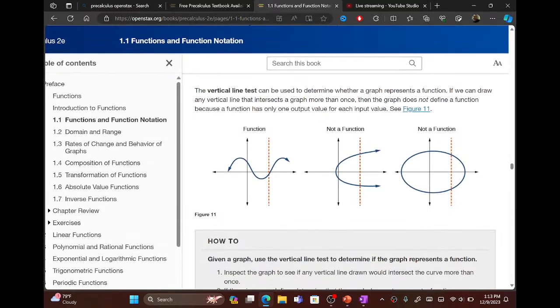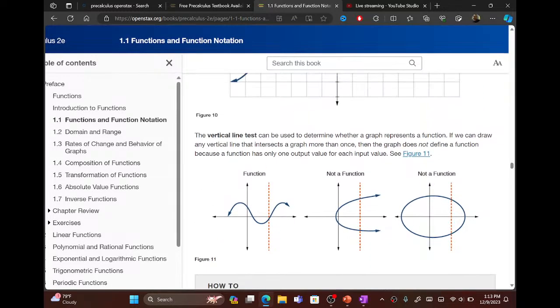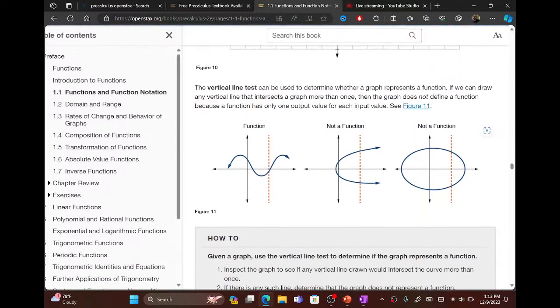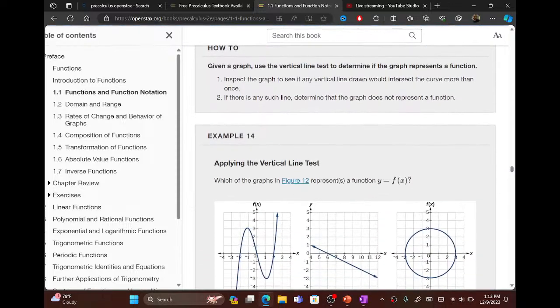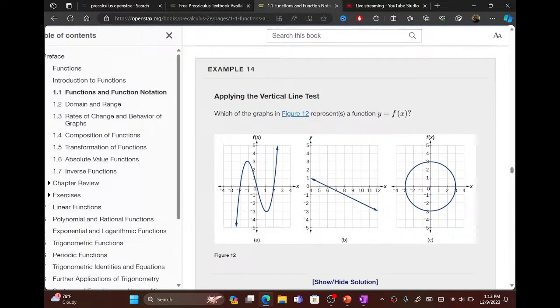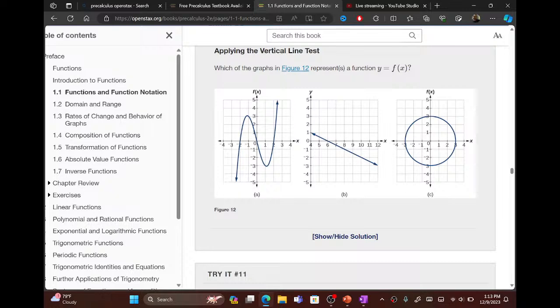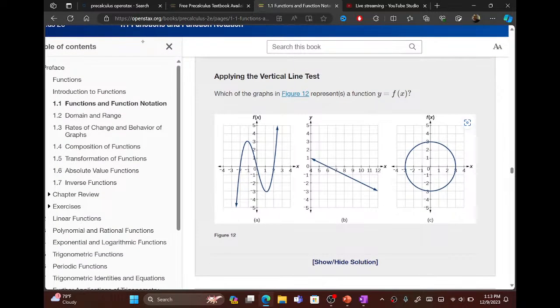Obviously, we already kind of went over the vertical line test. If the vertical line crosses the graph more than once, it is not a function, whereas if it does it only once, it is a function. So in this case, part A, if we draw vertical lines all over, it only crosses the graph once.